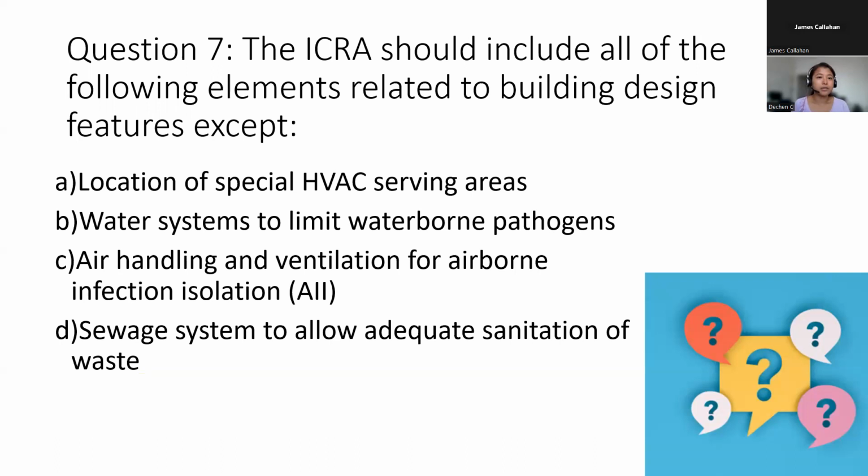Okay, so pause here, and then the answer is D, sewage system to allow adequate sanitation of waste. Yes, this is not included in the ICRA when it comes to building design features. Okay.